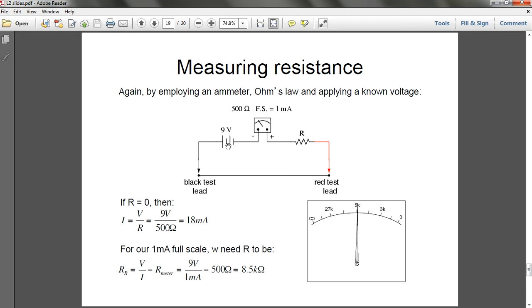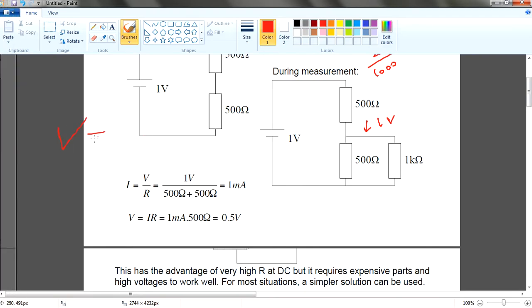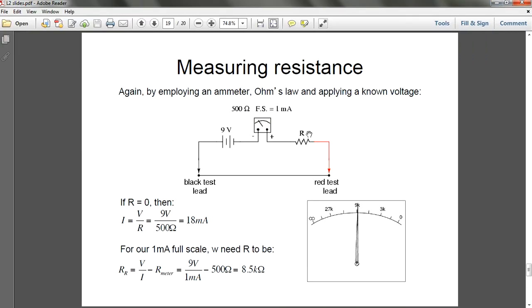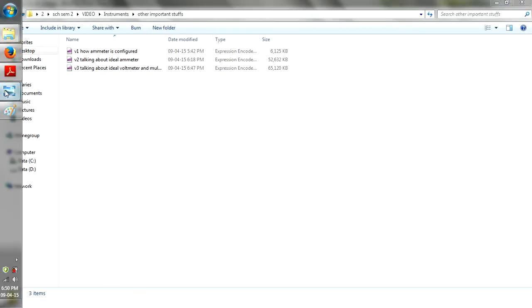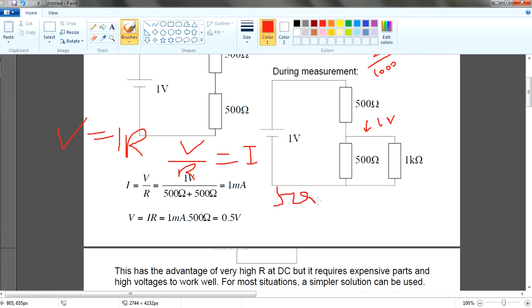You have to ensure that your voltage input has a value that will not go over, because based on V equals IR, V over R equals I. If the resistance is very small, you can still measure the milliamp in this case, because the 500 ohm is in series with 500 ohm plus a certain X value of the resistor.